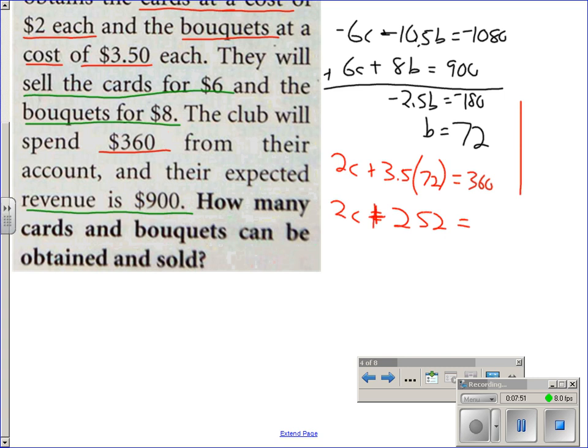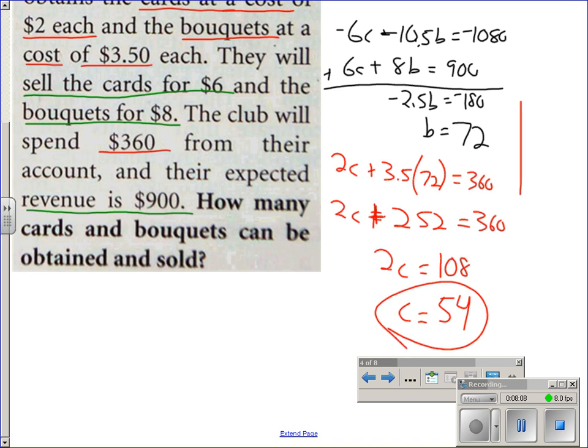The 3.5 times 72, that's 252. So 2C plus 252 equals 360. We're just solving for C. So I subtracted the 252 from both sides, and divided by 2.